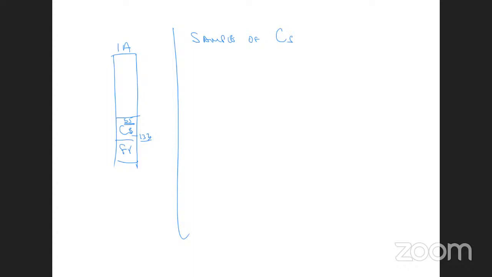So if you are given this question, somebody tells you there are 75% atoms of cesium-133, and 20% of them in the sample would be cesium-132, and 5%, because then it comes to 100%, would be 134.